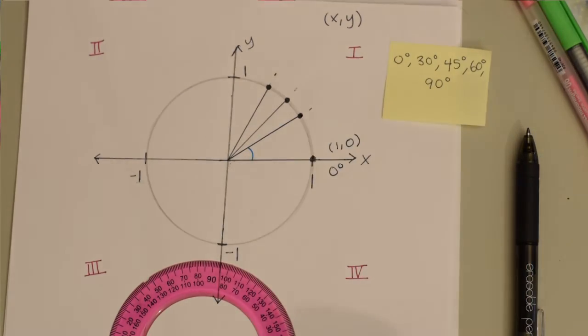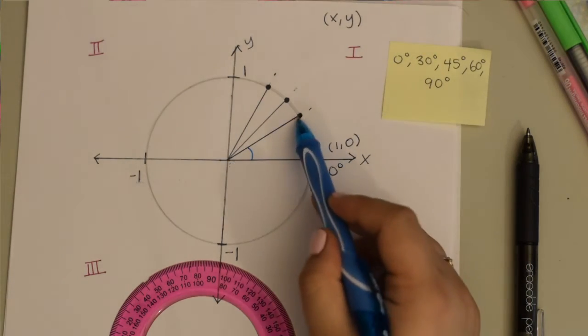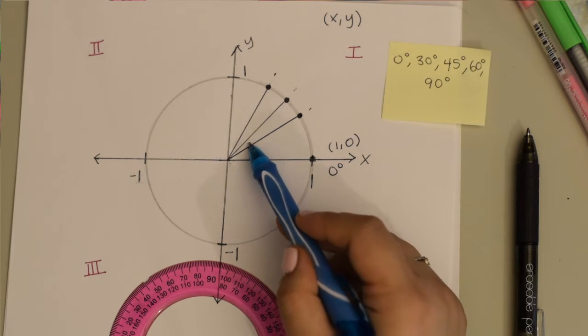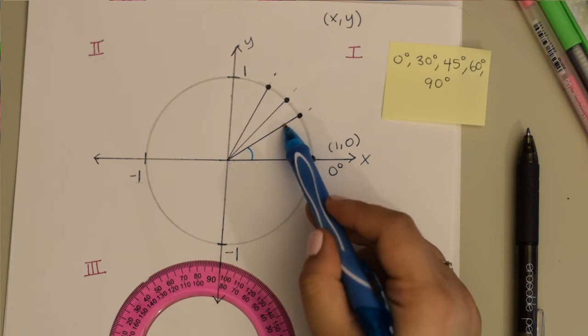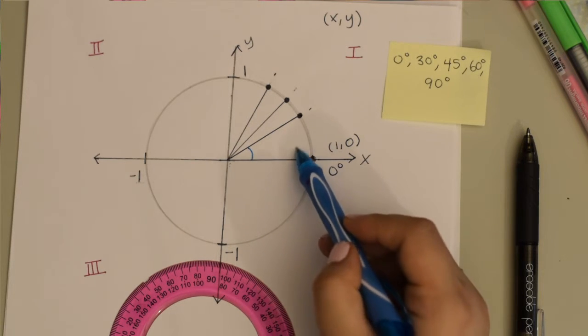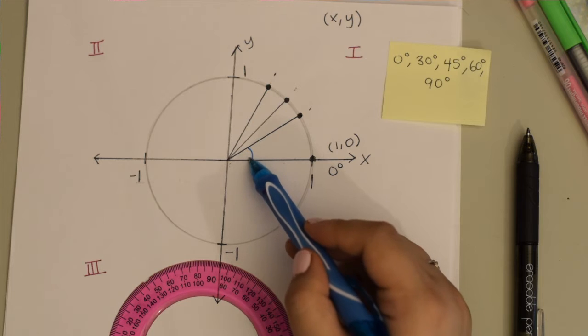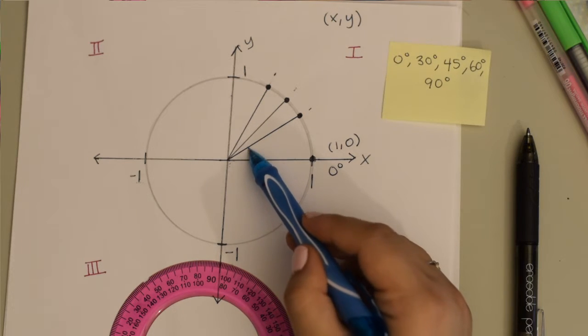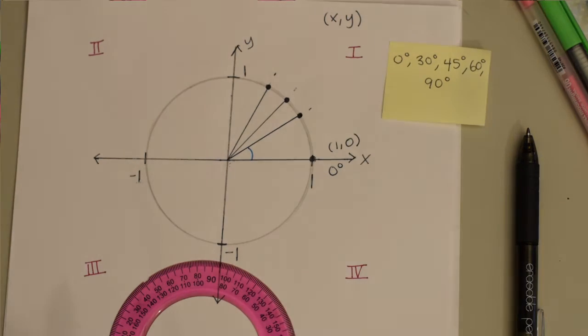And remember, angles are just the angles. It's not the actual distance or anything, right? If it were distance, this distance would be bigger than this. But we're talking about the angle itself. So this is 30 degrees.